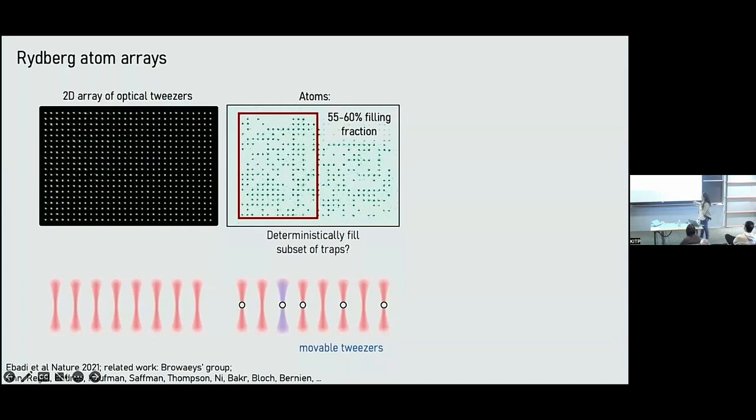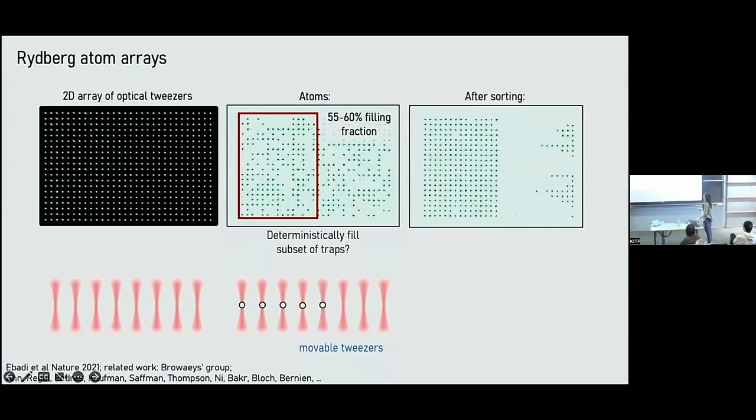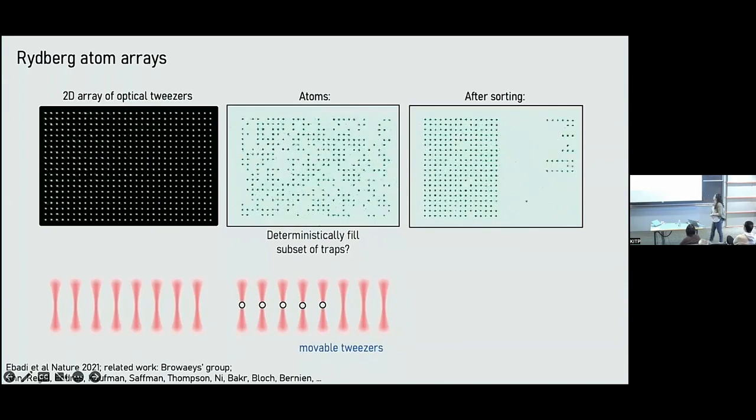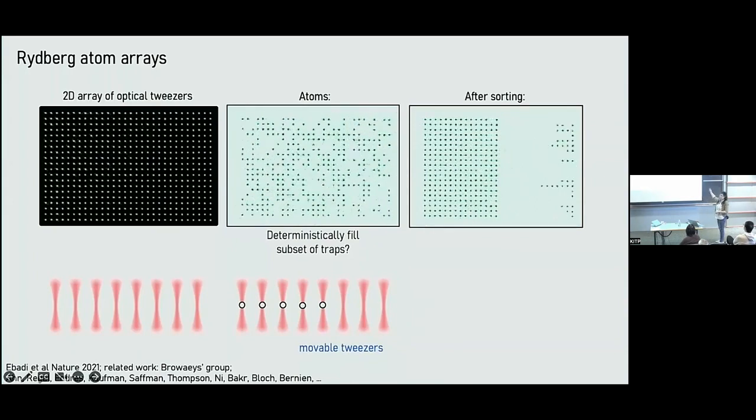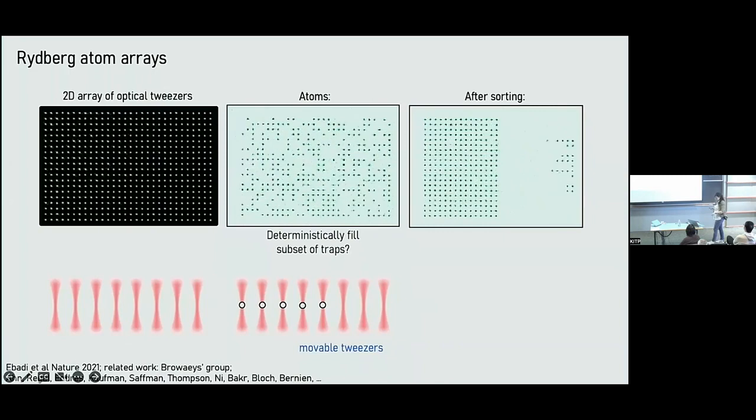We can use this to catch the atoms and move them across the array so that we can shuffle the atoms to create something that is ordered. After this sorting procedure, we get something like what you see here on the right. We have 600 traps in total, and we can fill these 300 traps on the left with pretty high fidelities. Let me just show you a few different experimental repetitions where you see that this typically works pretty well.